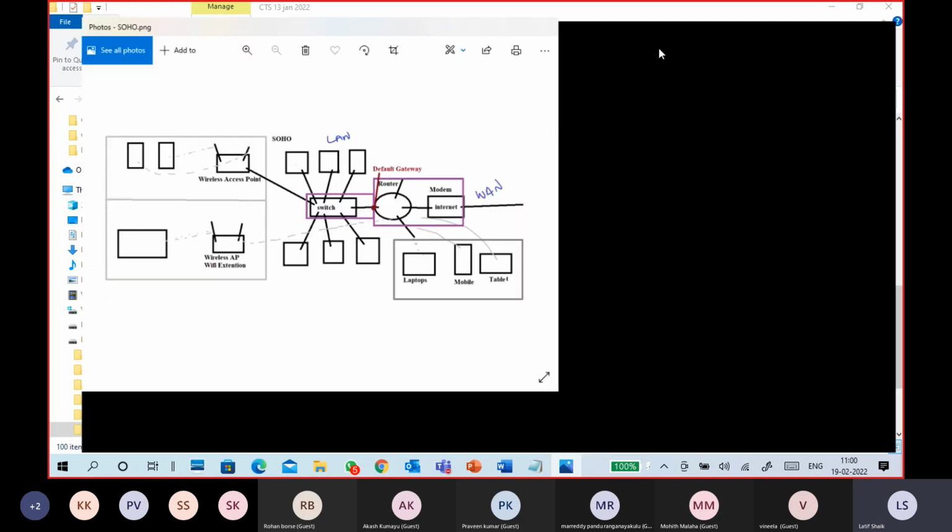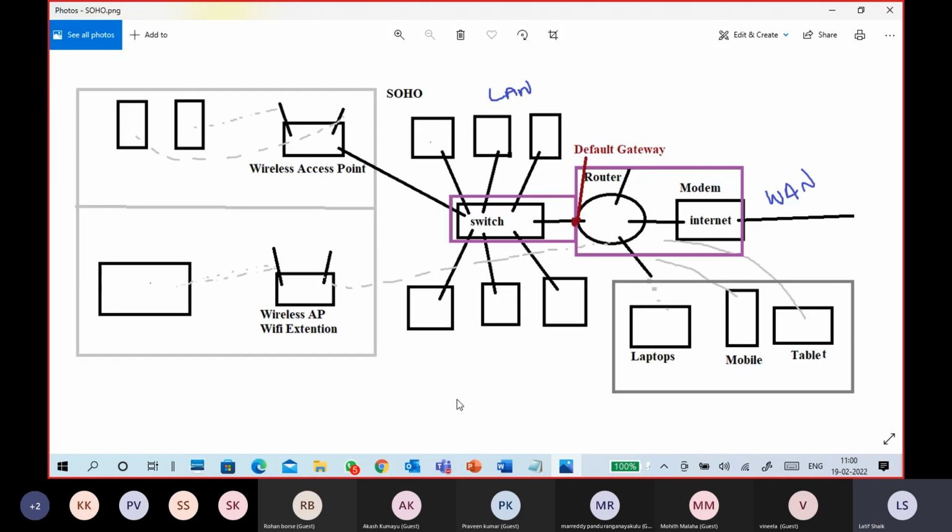Here it is, yesterday's diagram for a wireless access point. Nowadays modem plus routers are also combined. So you have a wired router or a wireless router, but whatever it is, you have wireless devices. When you have wireless devices, you need Wi-Fi.